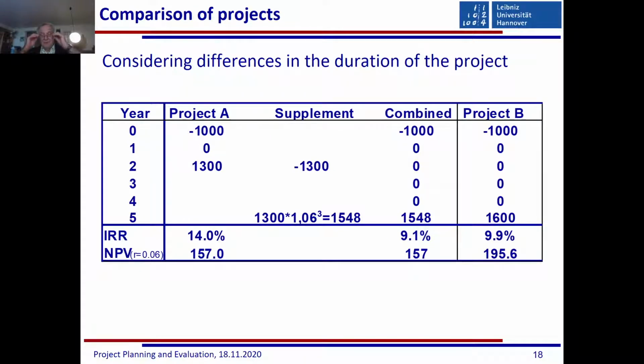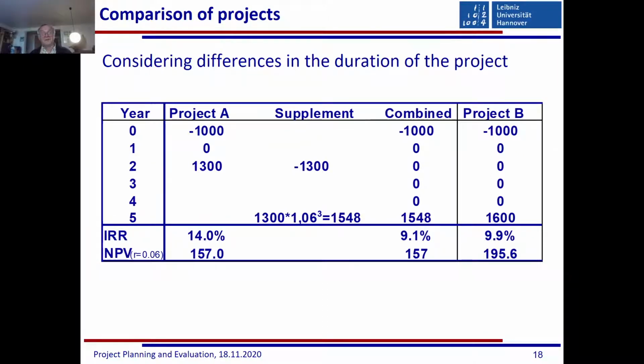We solve it by doing a very simple trick. Project A is completing in year 2, while project B is continuing, and it has no returns until the last year. Everything is put in the last year.